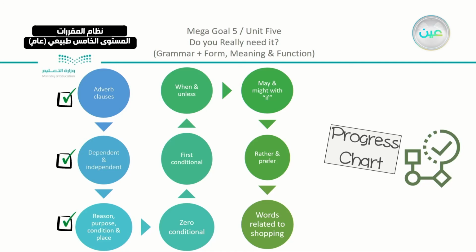And then we moved on to the other part, which is the form, meaning, and function, mentioning the zero conditional sentences, also the first conditional sentences. We said that we can use when or unless instead of if, or you can use may and might with if. You can also use rather and prefer in the sentences.